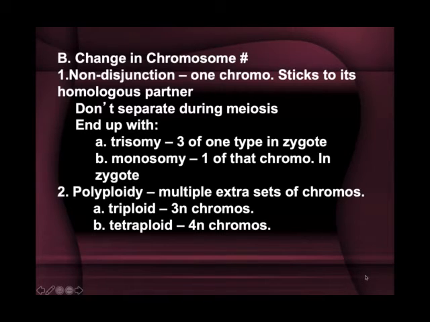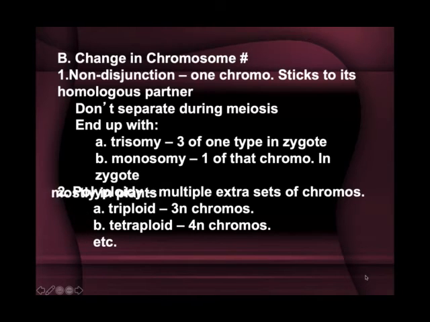Usually the polyploidy offspring have exaggerated traits, like their colors are more intense, or they're hardier, or they smell better, something that's just an exaggeration of the traits.